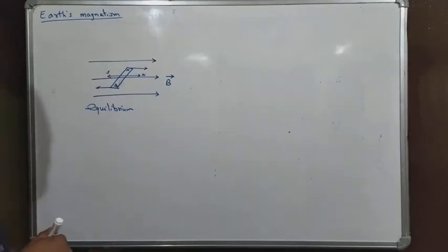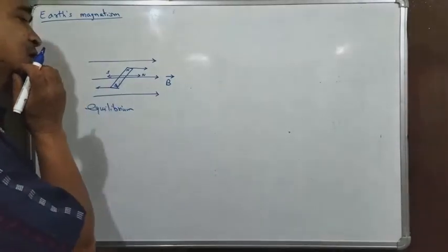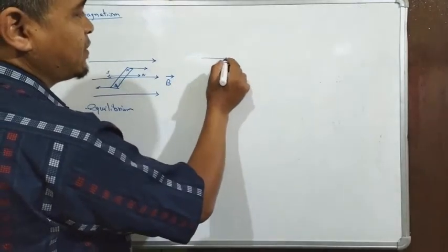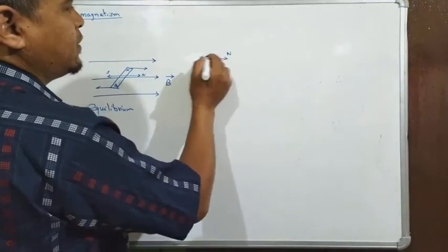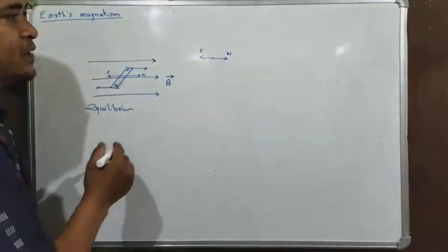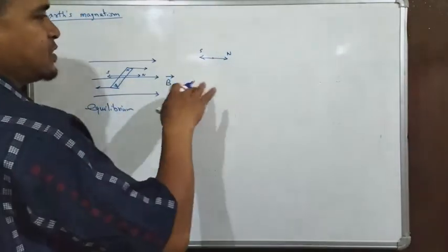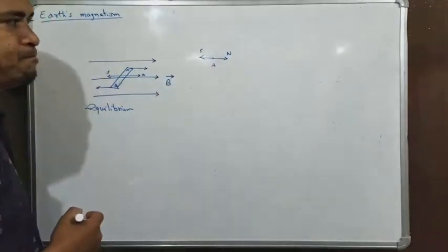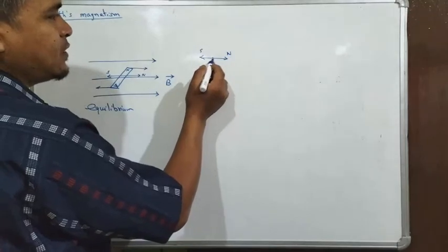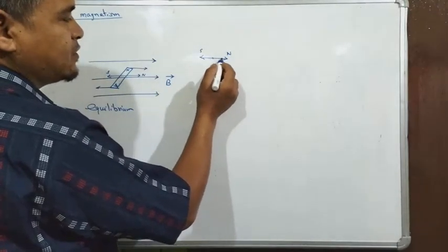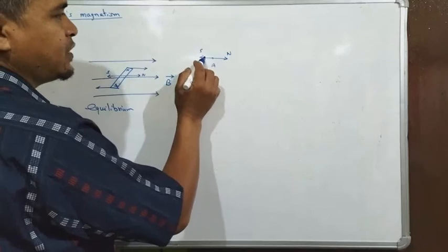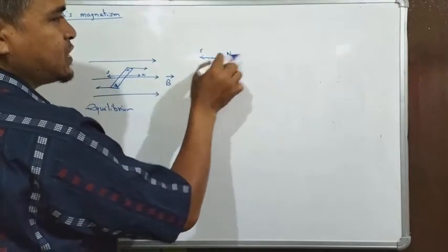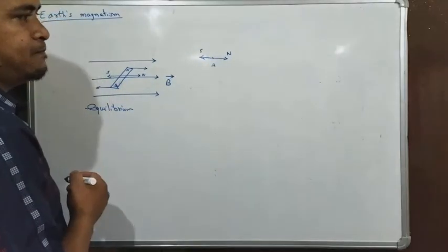For Earth's magnetism, I think you might have seen what happens when you place a magnetic needle. Suppose this is a magnetic needle, and I place it, let's say, on the surface of the Earth, at a point A, and you will find that this magnetic needle will align itself in this direction. That means the North Pole will be facing towards that side and the South Pole this side.